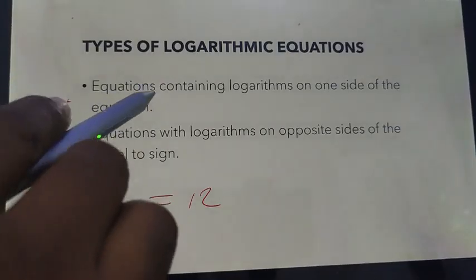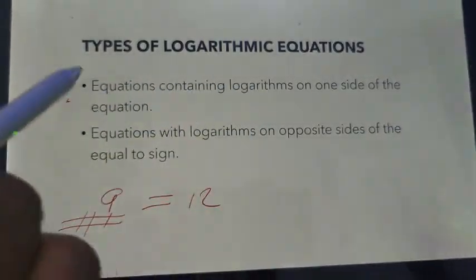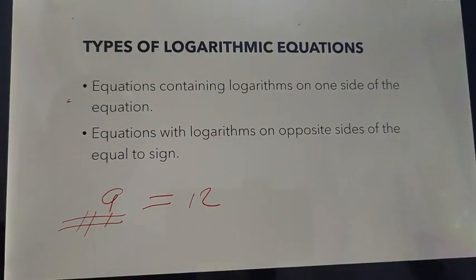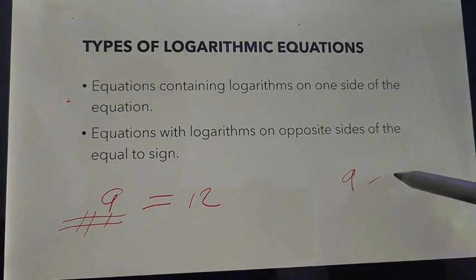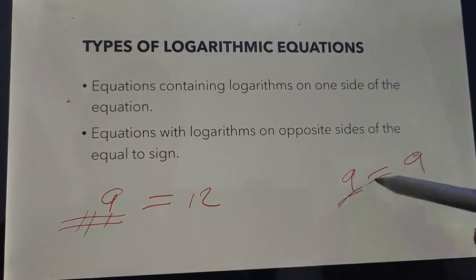So, equations containing logarithms on one side of the equation, that's the first type. And type number 2, many logarithms on both sides, which means saying, okay, the logarithm inside and outside.